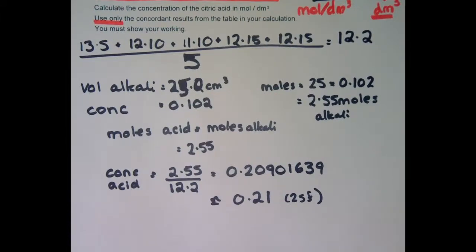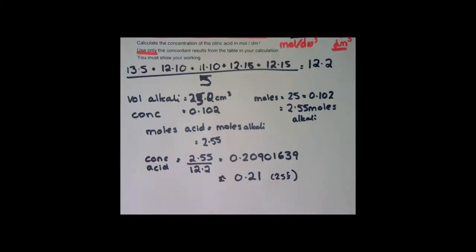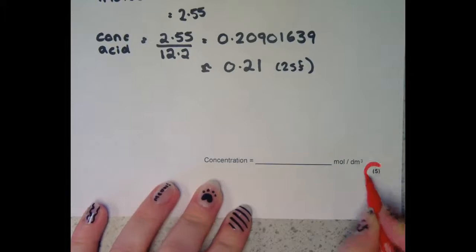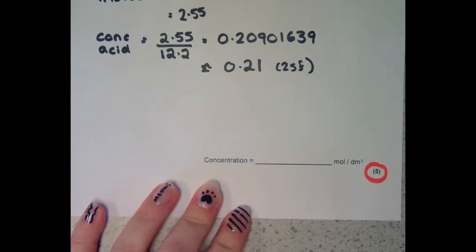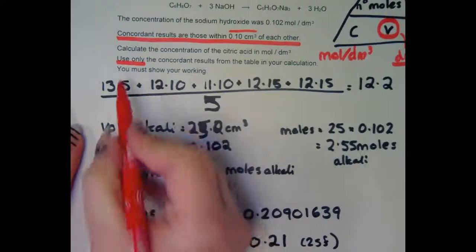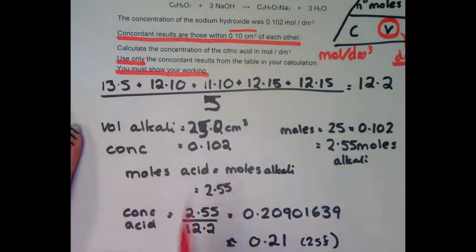Now there are all sorts of different ways to lay out your calculations, and realistically it doesn't matter which way you do a calculation as long as you are showing the key points. Most of the time, if you have got the correct answer here, you may get the full 5 marks, even if you had none of the working, unless it says you must show your working.